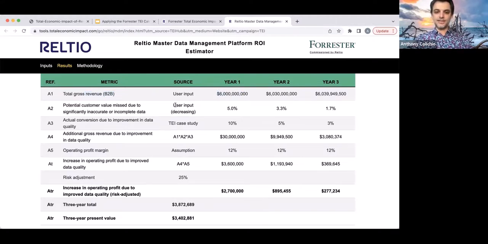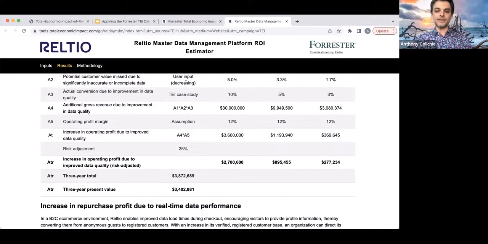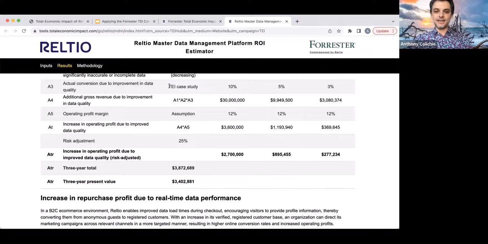And then it just says where the source is. Very important. So you told us, the TEI case study benchmark from customers like you is this. If you multiply these three things together, the additional gross revenue due to improved data quality is that.